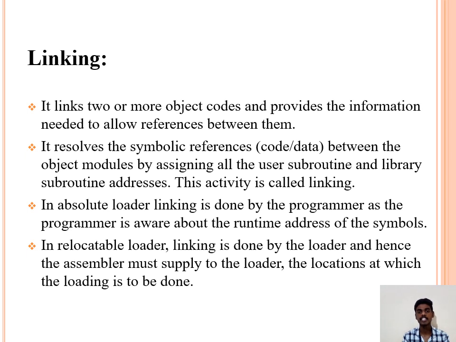In an absolute loader, linking is done by the programmer, as the programmer is aware of the runtime addresses of the symbols. In a relocatable loader, linking is done by the loader, and hence the assembler must supply the loader with the location of the loading.